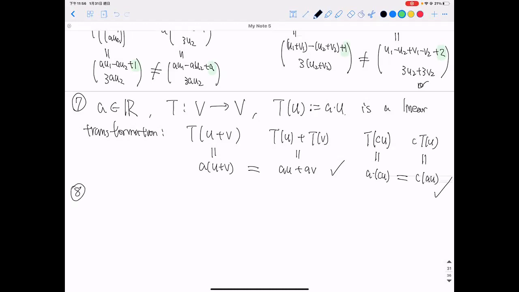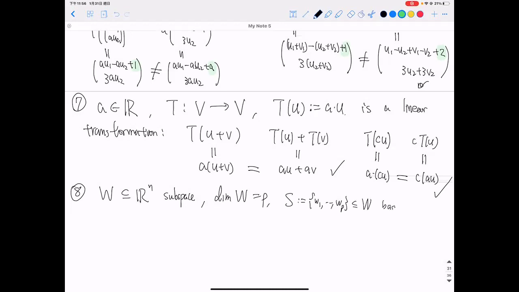Now, let's consider one more example. It's a bit of a funny one. The setup is this: W is a subspace. Say the dimension is denoted by p, and let's pick a basis w1 through wp.